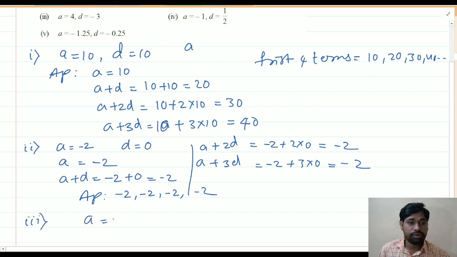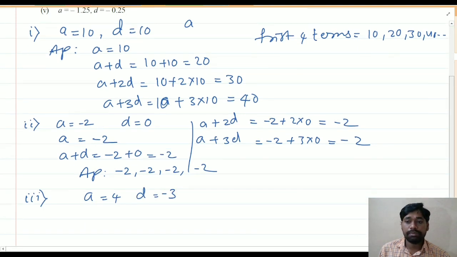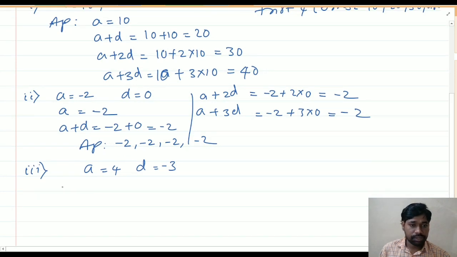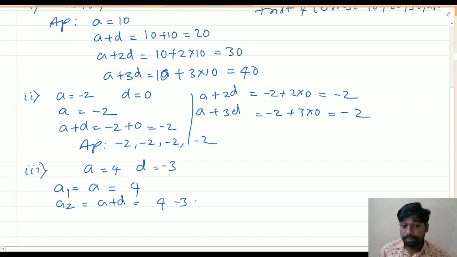So a equals 4 and d equals minus 3. So what happens to the AP? First term a1 is 4. Second term, a plus d, that is 4 minus 3. So 4 is the bigger integer, minus 3 is the smaller integer.